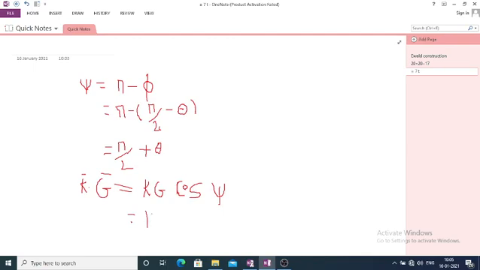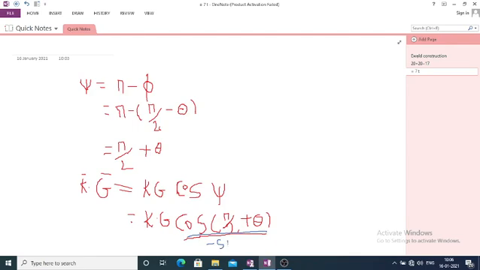So we got KG cos of pi by 2 plus theta. Now cos of pi by 2 plus theta, the function changes, it is equal to minus sin theta.